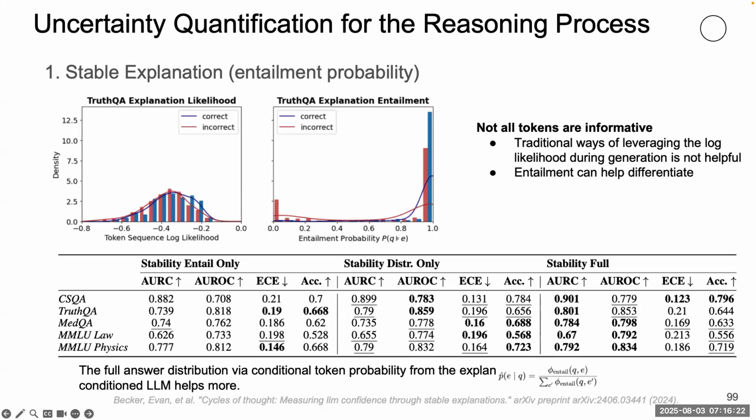But if you use the entailment probability, you have two distributions with more difference than the previous one, showing that not all the logits are helpful. You should consider the semantic meanings of the sentences, not just the logits, right?